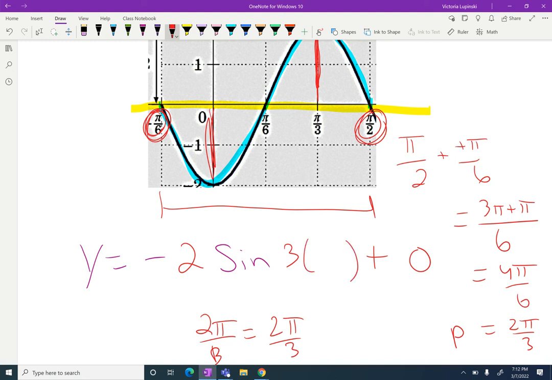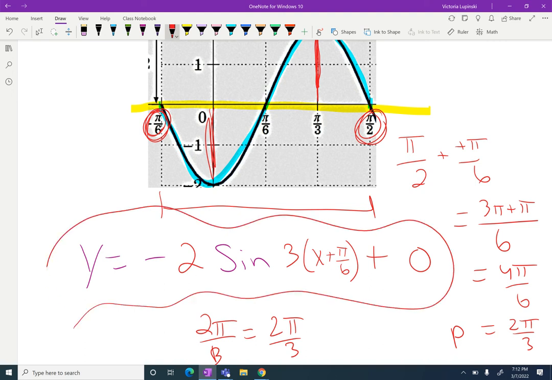Last but not least, what is the shift? Normally a sine wave starts on the y-axis. If you are writing specifically this wave, it went pi over 6 to the left. And the way that you say pi over 6 to the left is x plus pi over 6. So here would be your answer. And again, you do not have to put the 0 for the midline, but you just might want to use it as a placeholder.